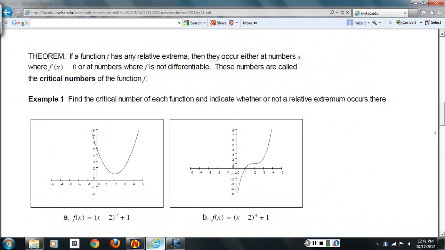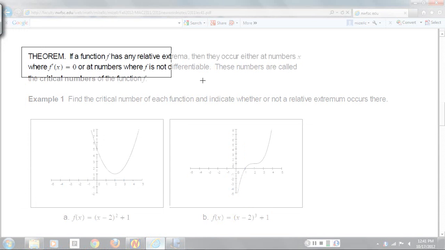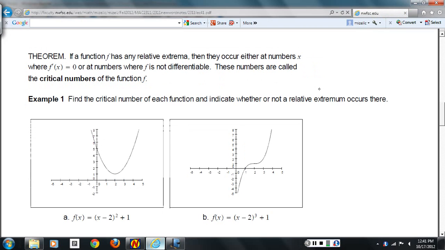Here is the theorem. If a function has any relative extrema, then they can occur in one of two places. One is where f prime of x equals 0.